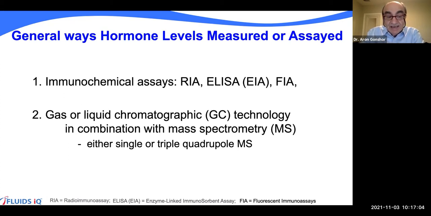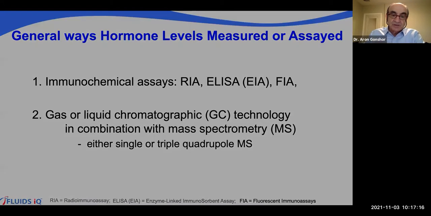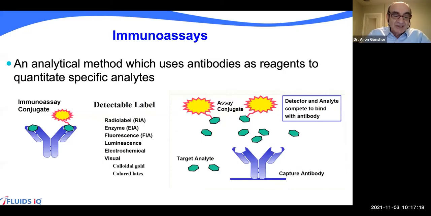The second way is with gas or liquid chromatography technology, most often combined with mass spectrometry, which is called GCMS, and we will talk about that in a few moments. So immunoassays, of which there are multiple forms, is an analytical method, and it's important to remember that it gives you an analytical result. It'll give you a number, and that's what most of our results that come out of our lab are, as they are with most labs.